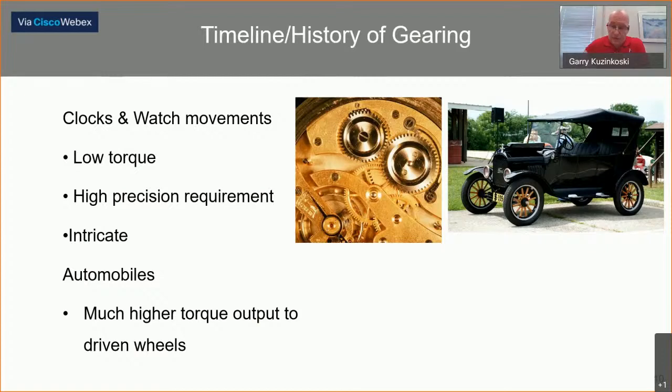Then things got interesting when it came to automobiles, with much higher torques required to put the power to the road. The first automobiles, the Model T, were utilizing planetary gearboxes, which were actually invented back in the time of Leonardo da Vinci for different purposes.